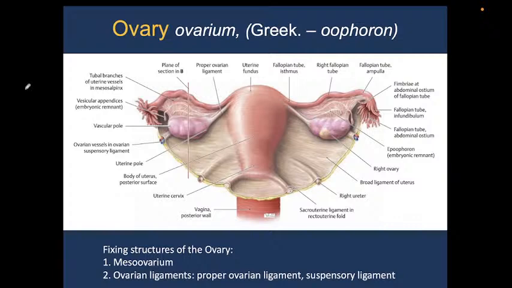So it is a flattened organ with small weight. Each ovary weighs about 6 to 8 grams. These organs you see here, I show, this is one, the left ovary and the right ovary.